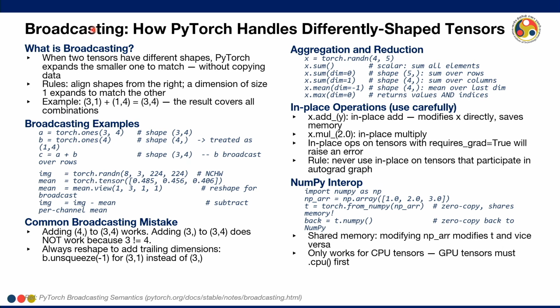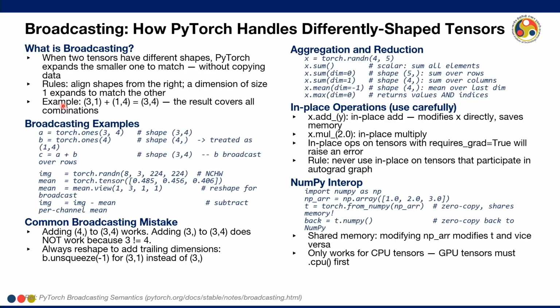Broadcasting is one important operation that we usually use in PyTorch, because PyTorch handles differently shaped tensors, and it might be confusing at times if you do not know exactly what broadcasting means. Sometimes you will see that the dimensions are not matching, but the operation is still valid in practice, and sometimes it is not valid.